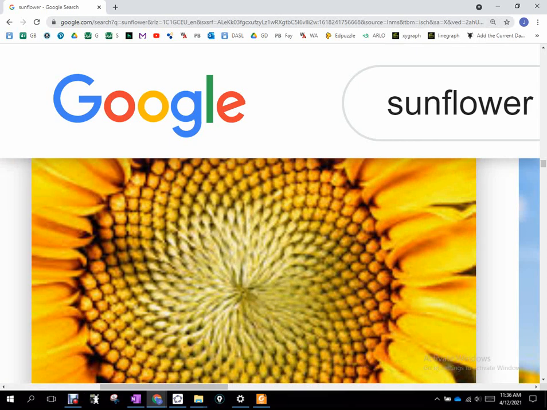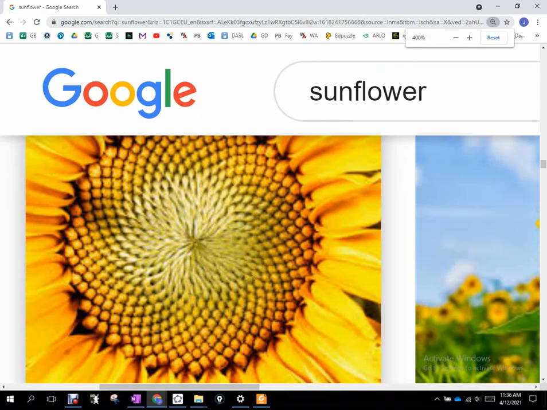So there's a pattern to this, right? Okay, and I think I've got better pictures somewhere else. But the sunflower has a need to try to fit as many seeds inside this circle as possible, right? Okay, that's an organism's main purpose, to reproduce as much as they can.